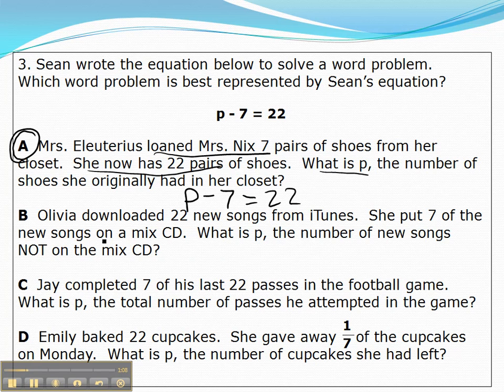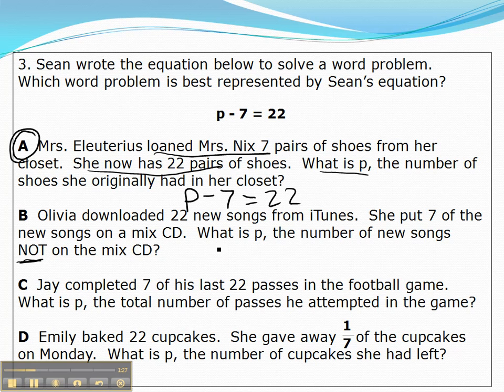So answer choice B says Olivia downloaded 22 new songs from iTunes. She put 7 of the new songs on a mix CD. What is P, the number of new songs not on the mix CD? So of the 22 new songs, she put 7 on the mix CD.